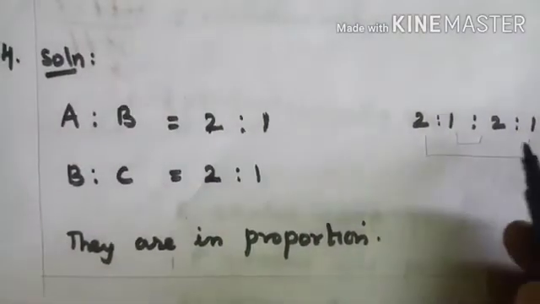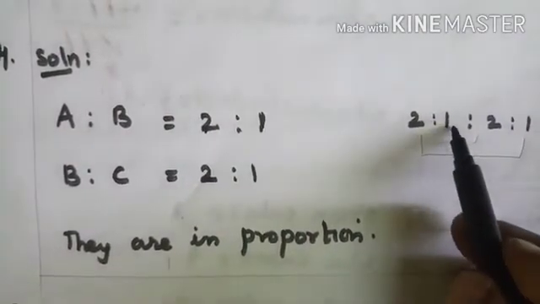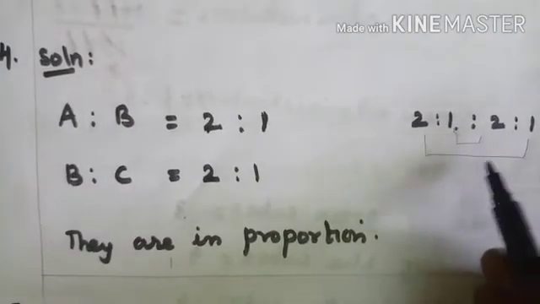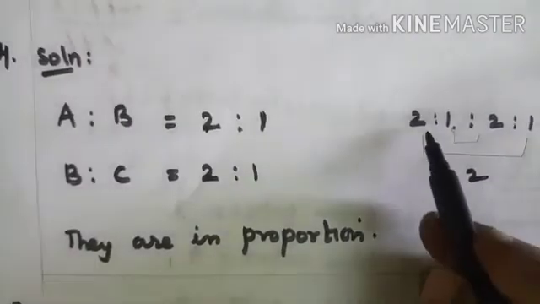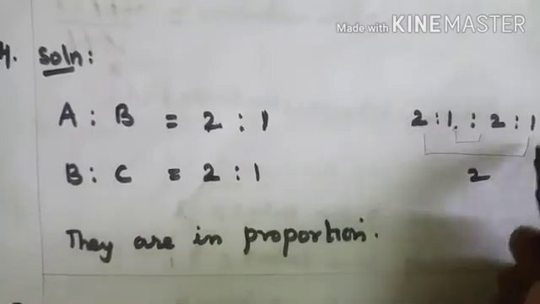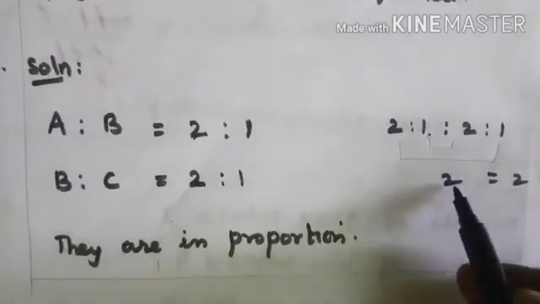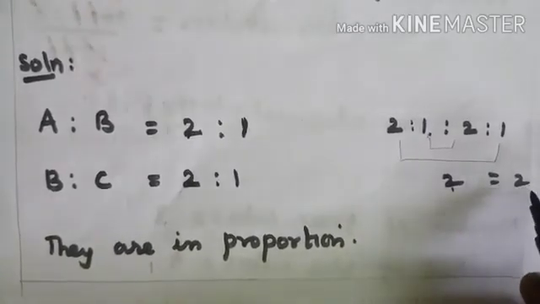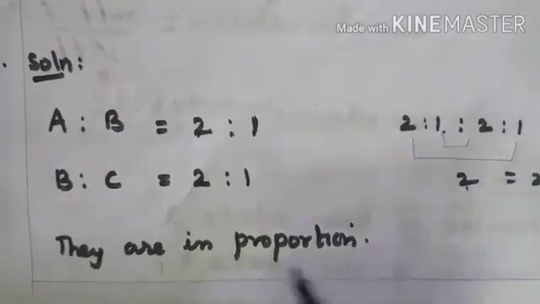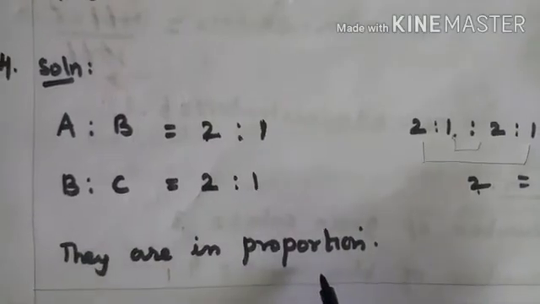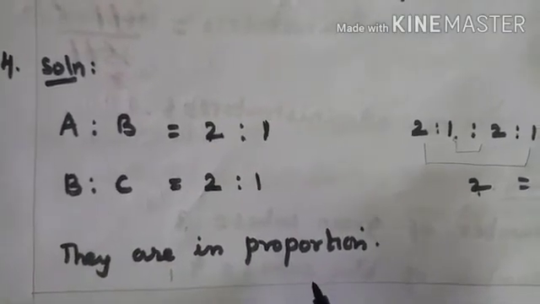The product of means is 1 into 2 is what? 2. And the product of extremes is what? 2 into 1 is what? 2. Isn't it? Therefore, here also true. Product of means, product of extremes also equal. Therefore, they are in proportion. Okay, children.